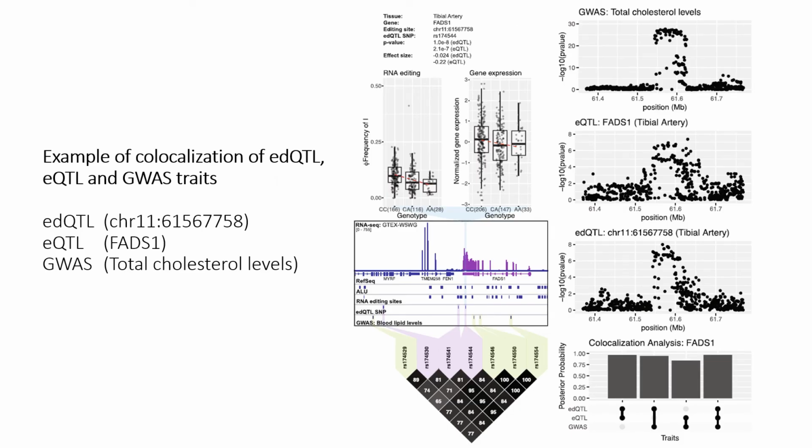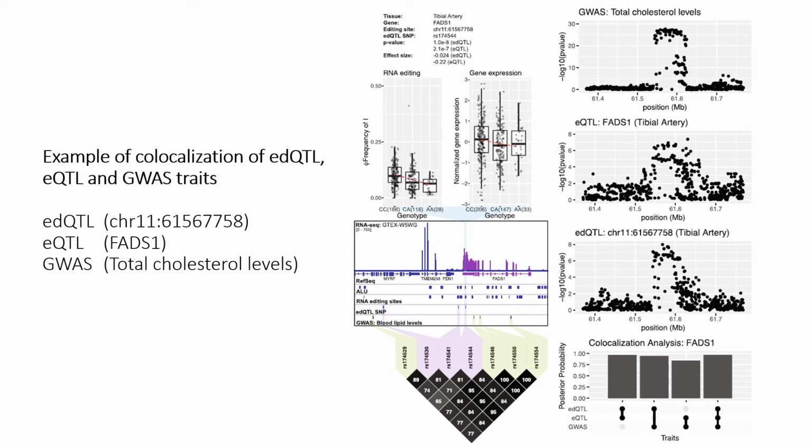Here is an example of a loci that overlaps with an EDQTL, EQTL, and a GWAS trait. The EDQTL and EQTL plots are shown on the top left. RNA editing in the FADS1 gene is also linked to the steady-state mRNA levels of that gene.